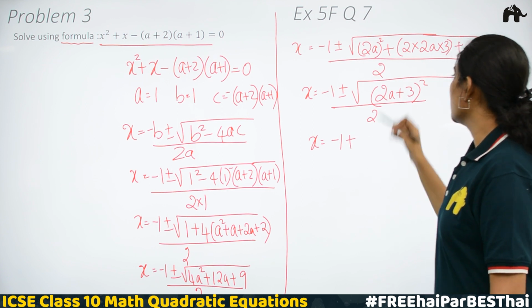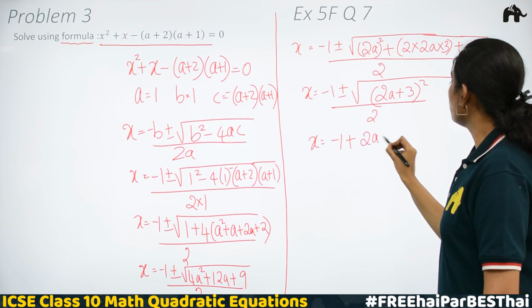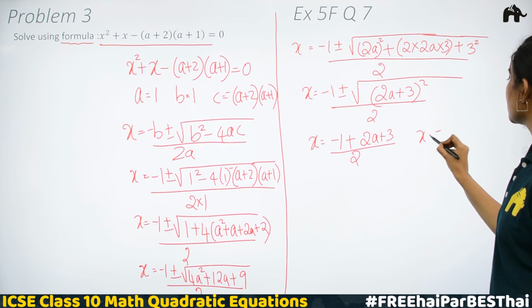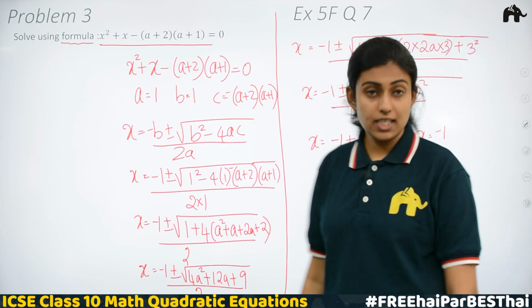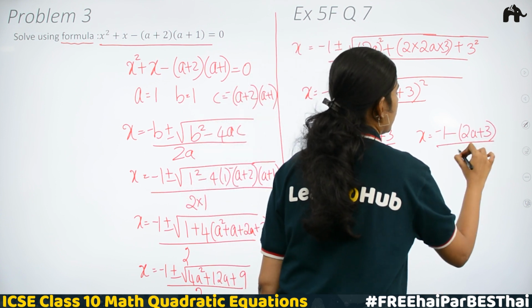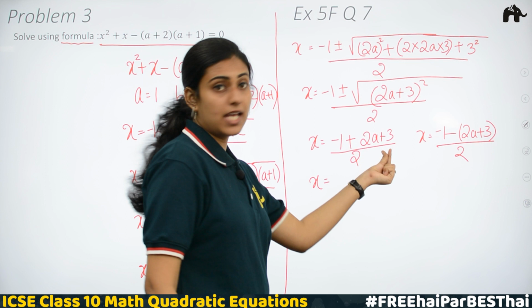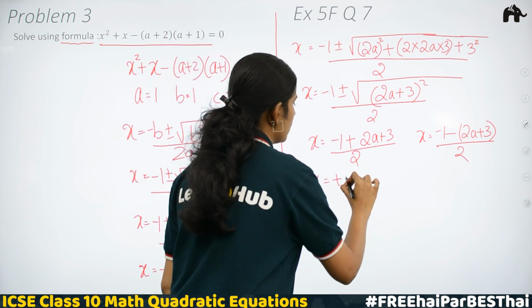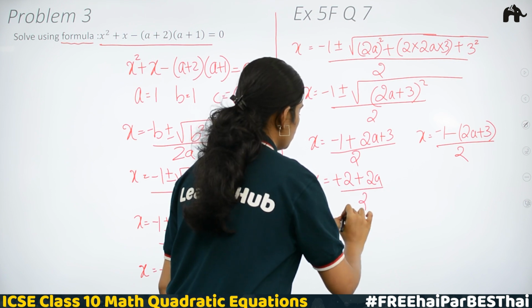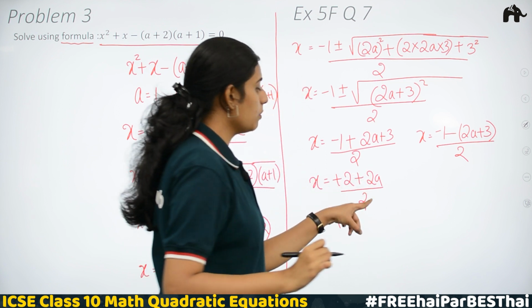Minus 1 plus, you can remove this root and square, 2a plus 3, divided by 2, or x is equal to minus 1 minus (2a plus 3), divided by 2. x is equal to minus 1 plus 3, that is plus 2, plus 2a divided by 2, or x is equal to 2 by 2 is 1, 2a by 2 is a.